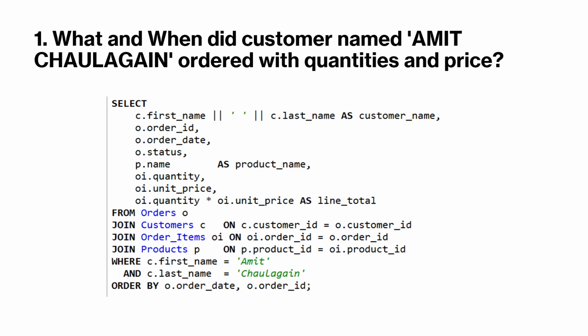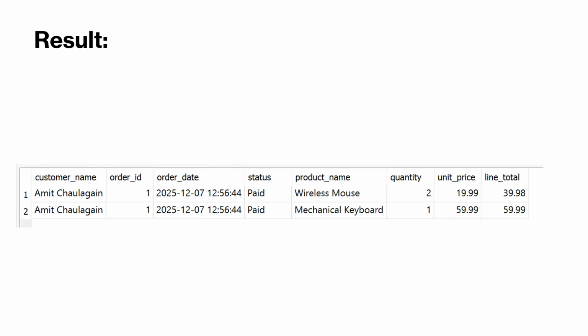This query joins customers, orders, order items, and products to provide a detailed transaction history for a specific customer. So this is the result that we obtain from that SQL query.